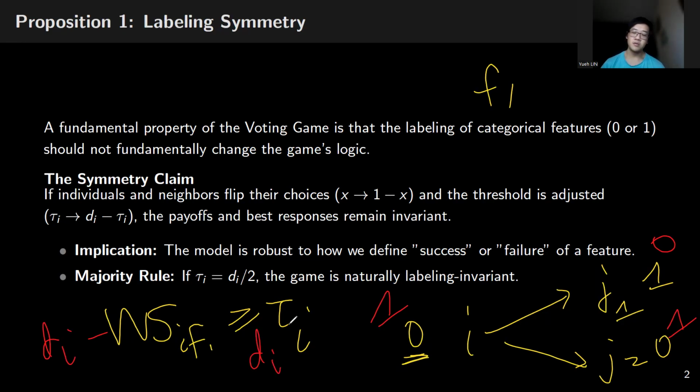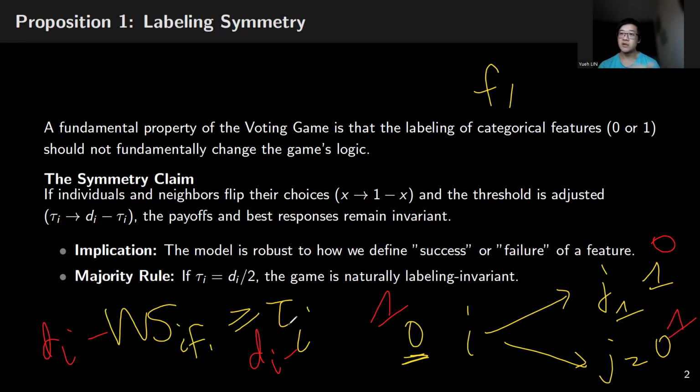And if we choose the threshold level identically, as d_i minus tau_i as before, we will see that these two models are exactly the same, meaning that if one model has a weighted sum greater than the threshold level, the other model will have a weighted sum smaller than the threshold. The two models are functionally the same in a mirrored way.